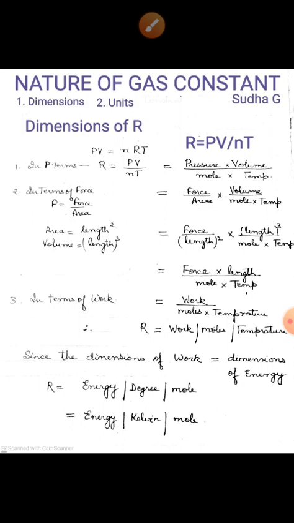Now since the dimensions of work are equal to the dimensions of energy, R can be given in terms of energy, and R is equal to energy per degree per mole, or this can also be written as energy per Kelvin per mole when the degree is measured in Kelvin.